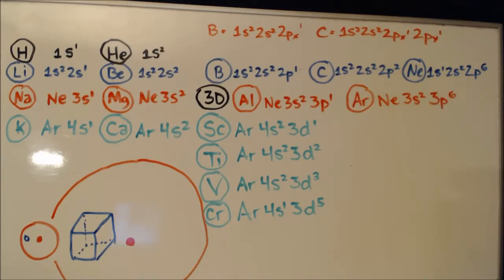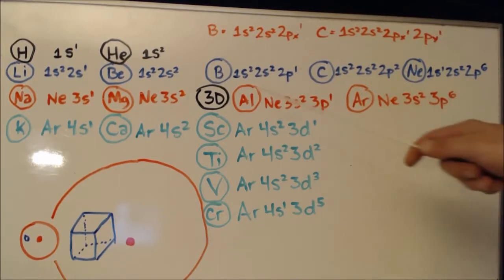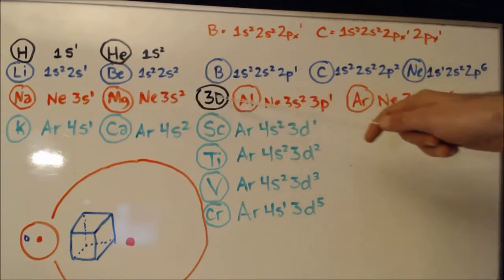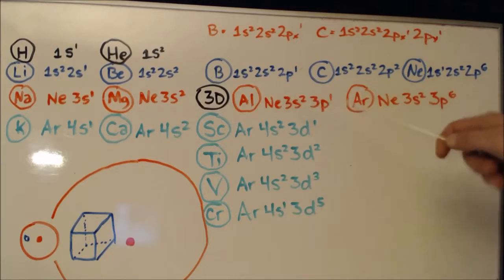Until you have all your s orbitals and p orbitals filled up in the 3rd shell, you don't need to worry about d orbitals. So you'd skip the 3d orbitals, and you go to the 3p orbitals. Neon, 3s2, just like over there, 3p1. You do all that up to argon. You keep raising this number up, 2, 3, 4, 5, until you get up to argon, which is 6.